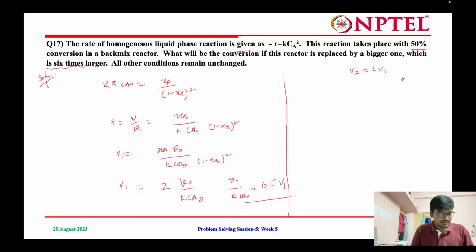Now for the second part, V2 is equal to given 6 V1. So V2 equal to V naught by K C A naught times XA over (1 minus XA) square. So here we can write down X2. Put V2 equal to 6 V1 and the 0.5 V1 in these terms.